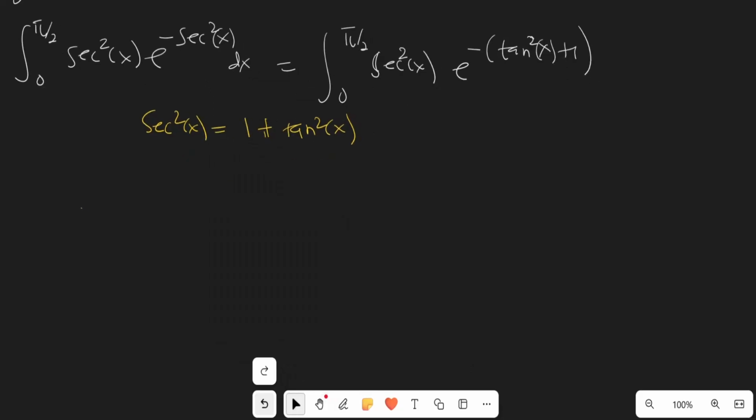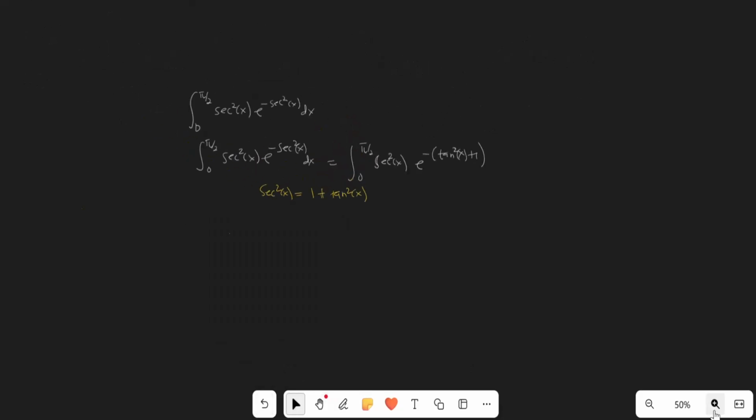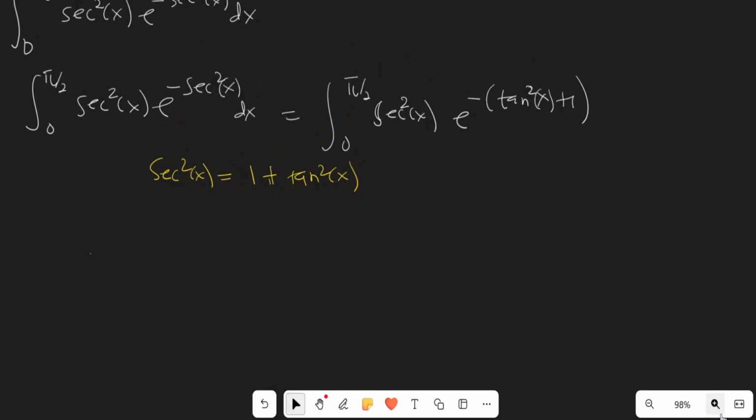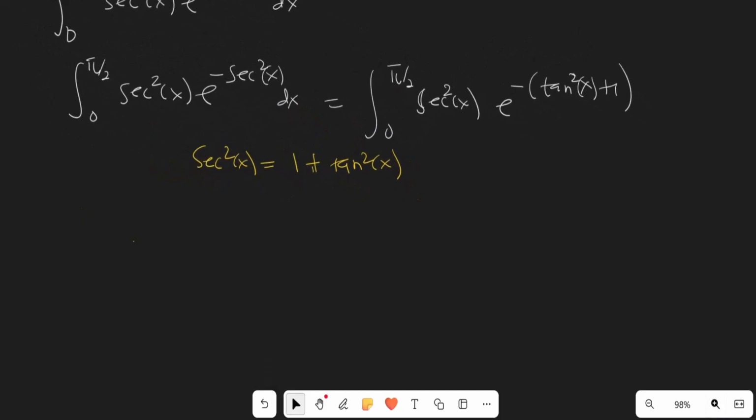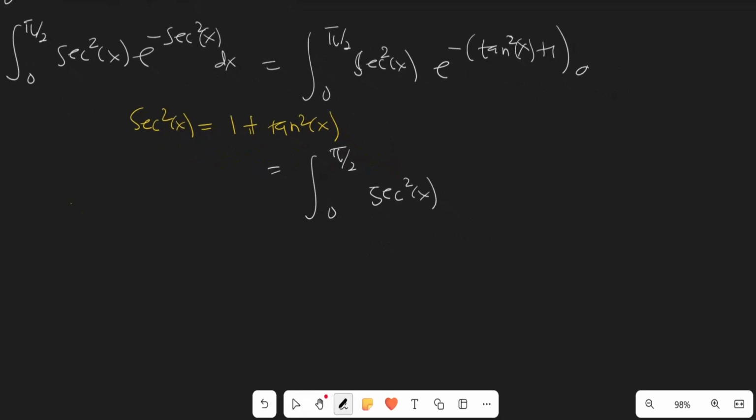So our integral now evaluates to the integral from 0 to pi over 2 of secant squared x, yes, the x here, sorry about that, e to the negative tan squared x times e to the negative 1 dx.